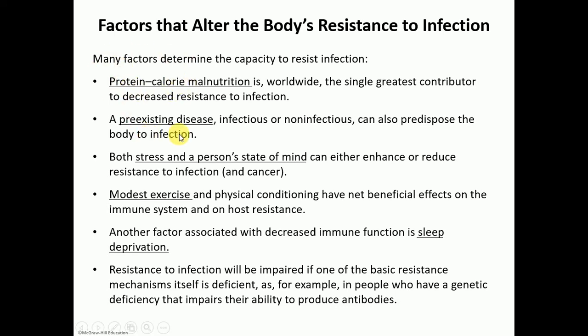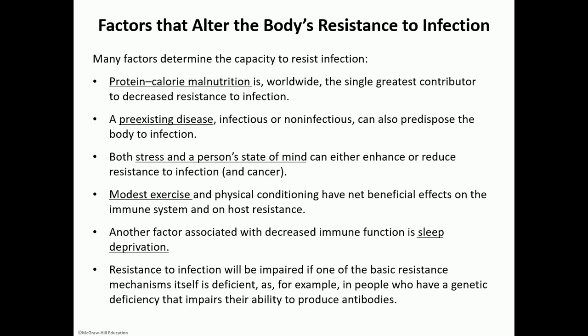The presence of a pre-existing condition could also decrease the resistance to other infections. Let's say, for example, somebody has diabetes or high blood pressure or asthma. All of these pre-existing conditions can really decrease the body's ability to resist infections. Stress can definitely decrease it too.